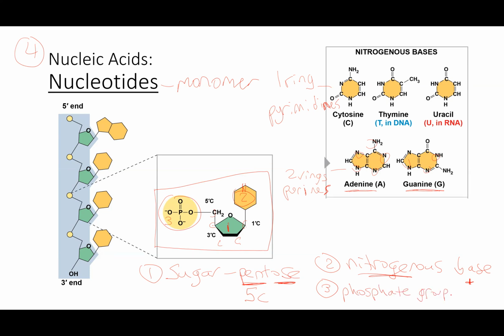So every nucleotide has to have a phosphate group, and that can vary in number from 1 to 3. This one only has 1. You can have anywhere from 1 to 3 phosphate groups attached. And you'll notice that it has a little bit of a negative charge on it, because those oxygens have negative charges on them.